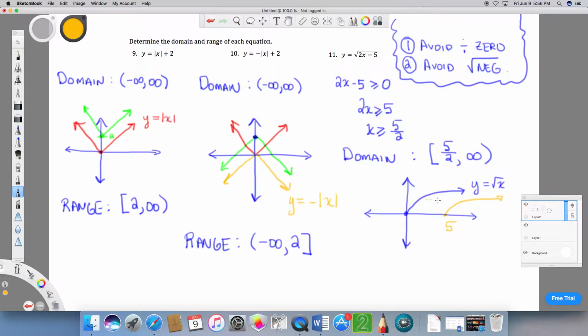So this whole graph gets shifted to the right 5 units. And then, believe it or not, this 2 actually shrinks the graph horizontally, and it takes half of 5, right here, 5 over 2, and it's going to open like this.